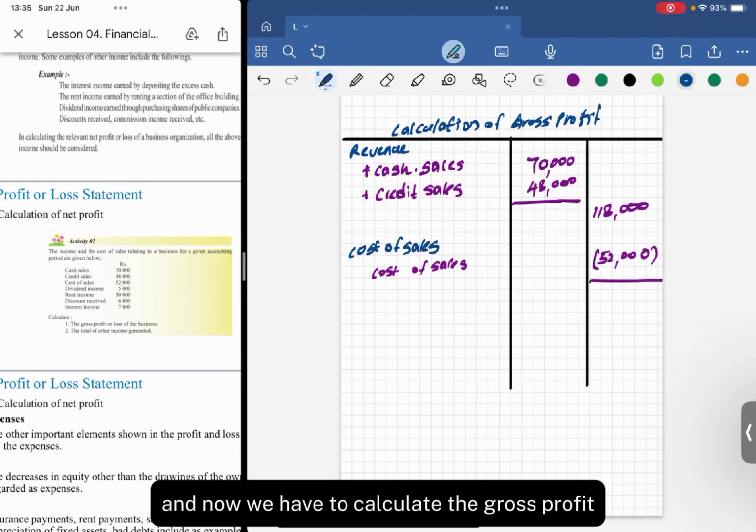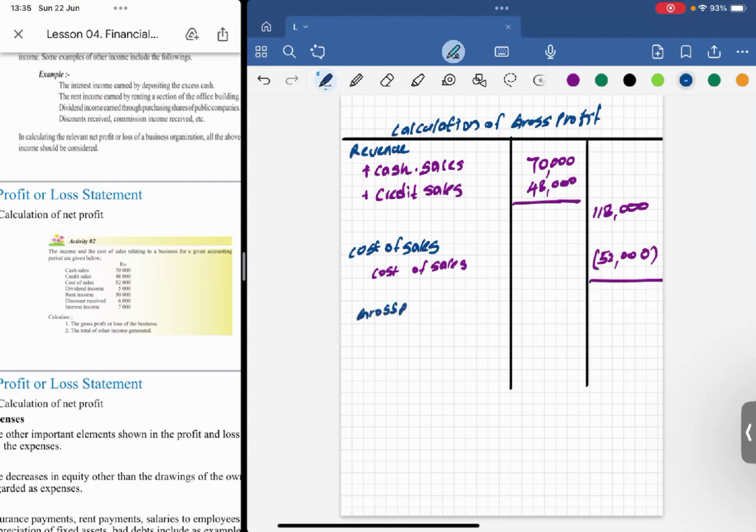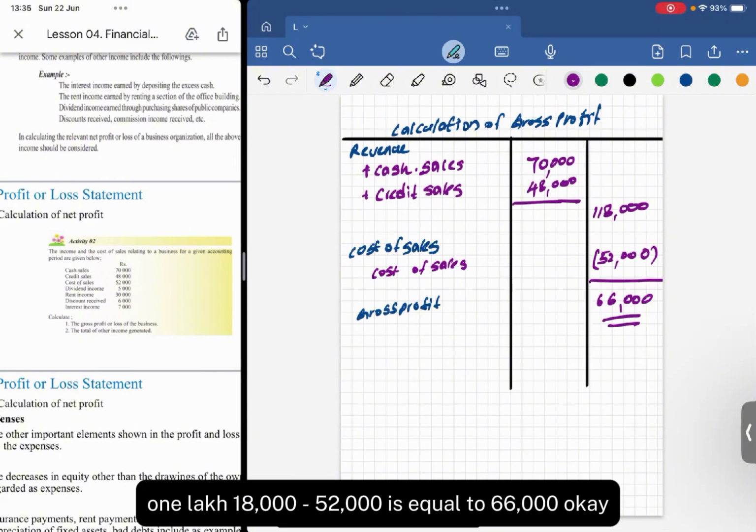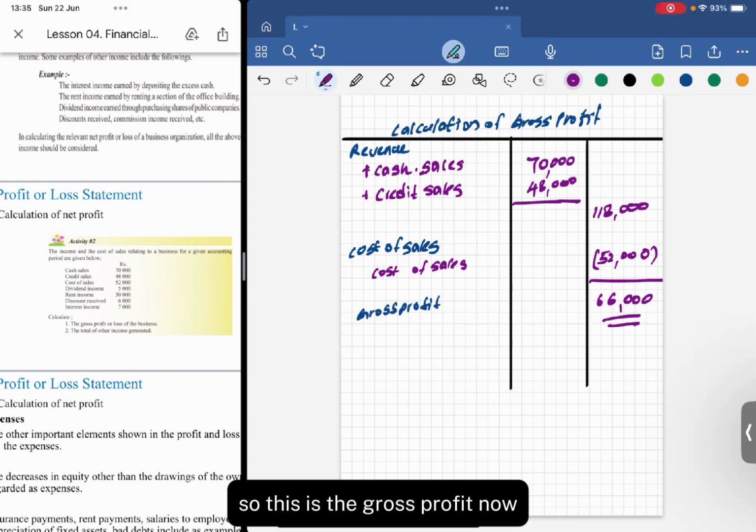Now we have to calculate the gross profit, which is 118,000 minus 52,000, which is equal to 66,000. So this is the gross profit.